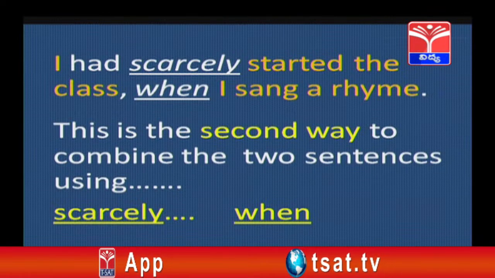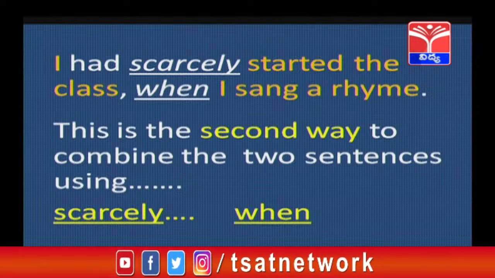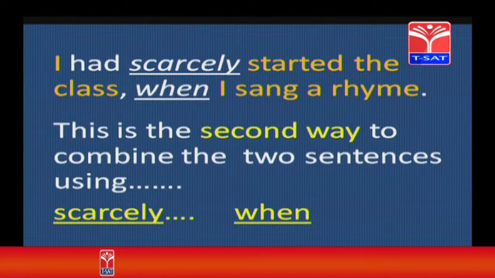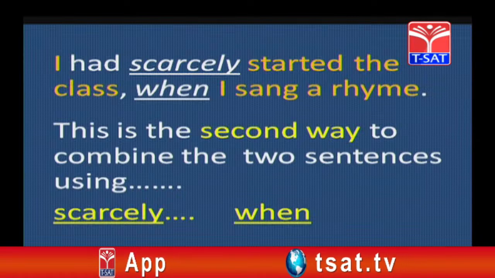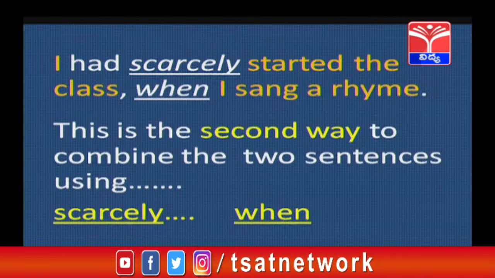And children, do not forget to remove the full stop after the first sentence. Put a comma at the end of the first sentence. Now, shall we read the sentence, children? I had scarcely started the class when I sang a rhyme. This is the second way to combine the two sentences using scarcely when.